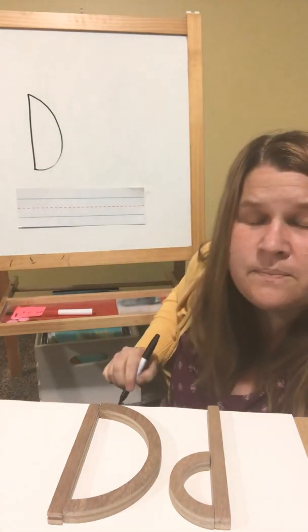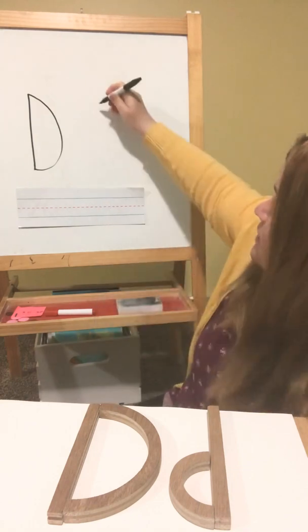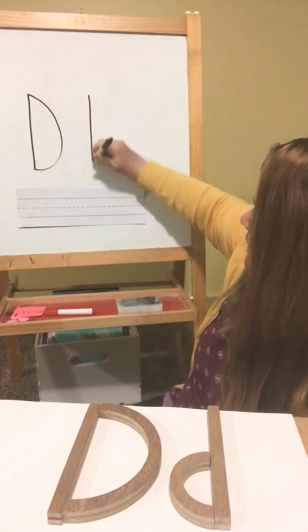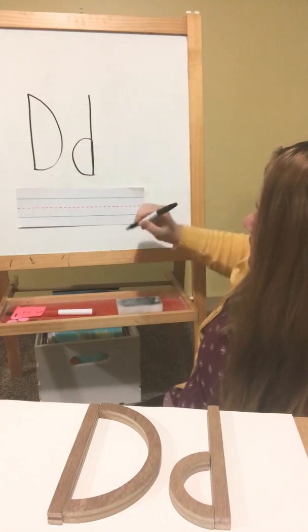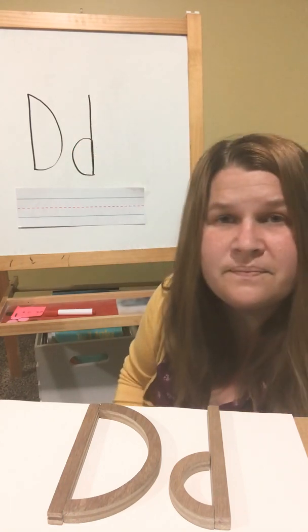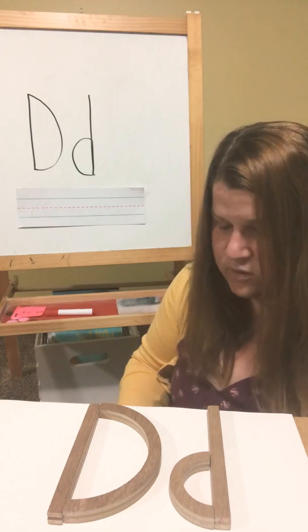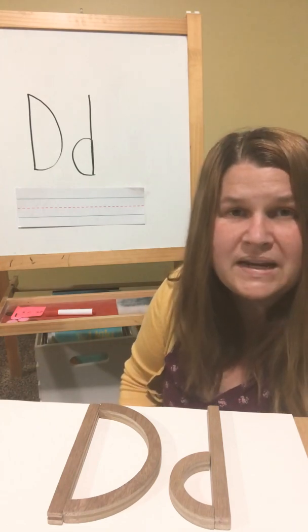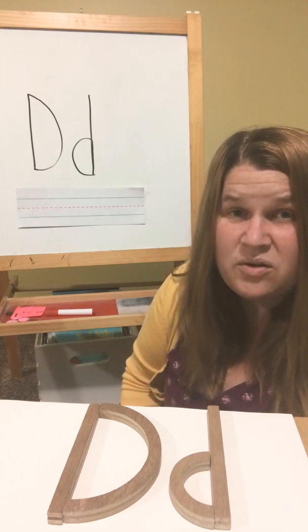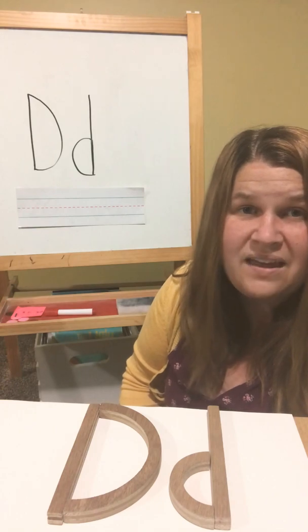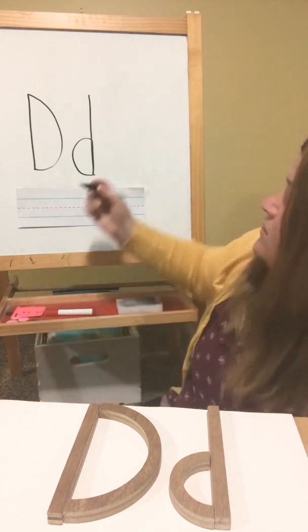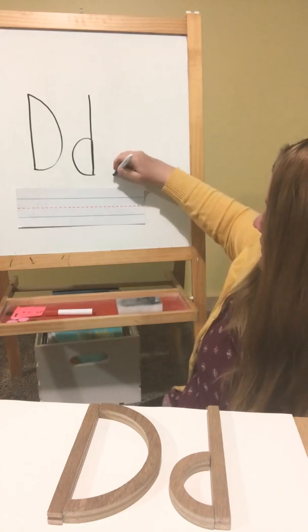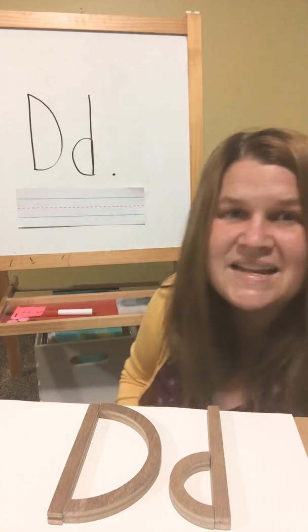And that's an uppercase D. And to do a lowercase d, you start at the top, big straight line down, back up a little ways, and a little curve around. And that's your lowercase d. So you can practice creating a D, you can practice writing a D, and you can also practice our word of the day, which is the word dot. So dot, like a little tiny circle, a dot.